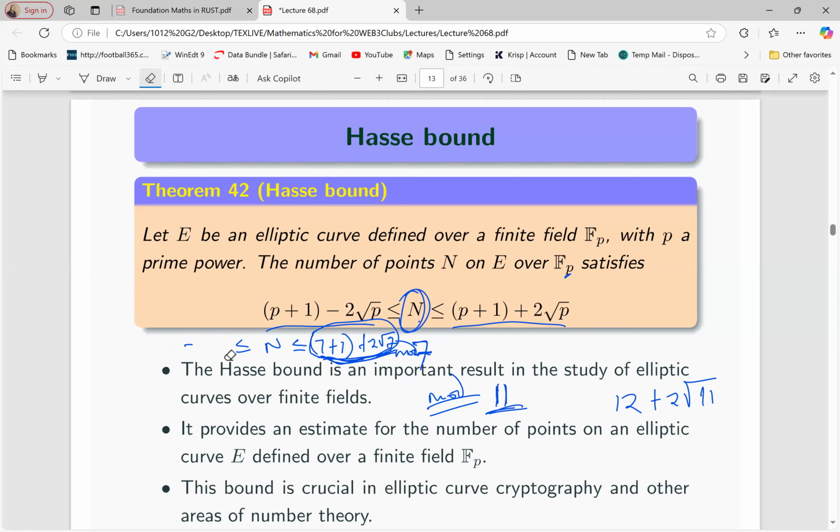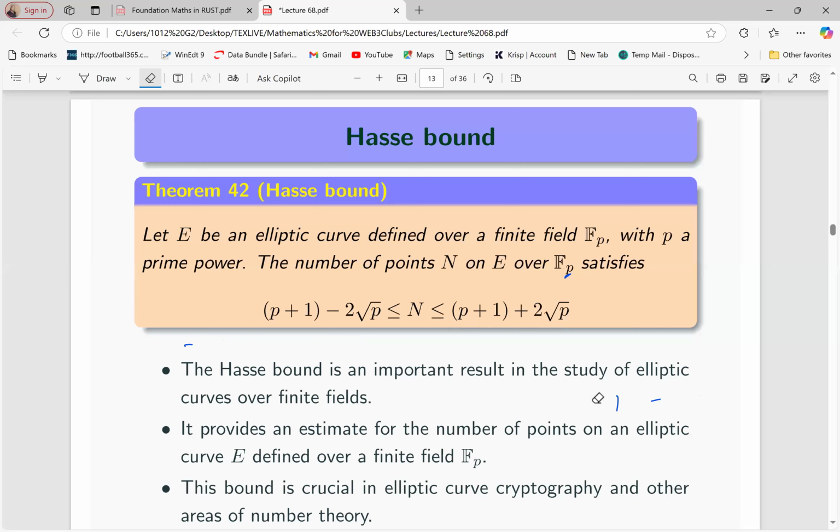Theorem. It tells us the approximate number of points we expect a certain elliptic curve mod P to have. So I've said at this point, it provides an estimate for the number of points on the elliptic curve.